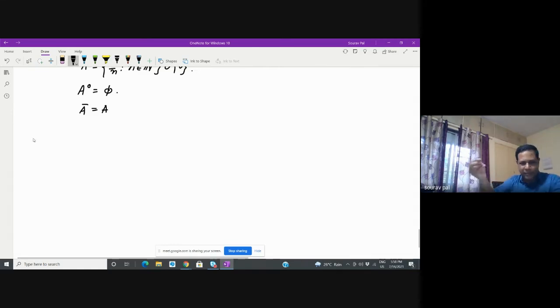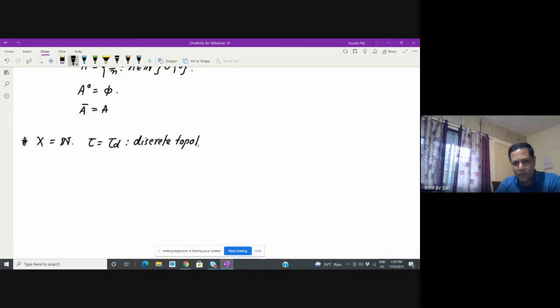Okay? Yeah. So if we talk about some other set, say if we choose this X to be the set of natural numbers, and this tau is tau d, the discrete topology. Now tell me, what are the interior points of this set, if you choose A to be, say, the set of all even integers?